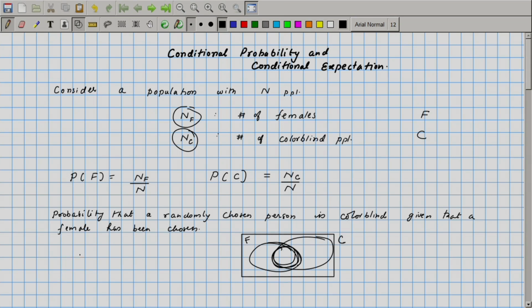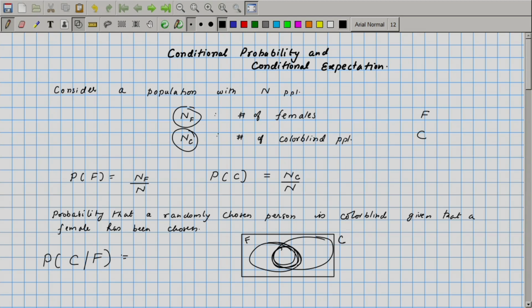We will denote it by probability C given F. Okay, we have introduced a notation, but the notion behind is essentially the same.